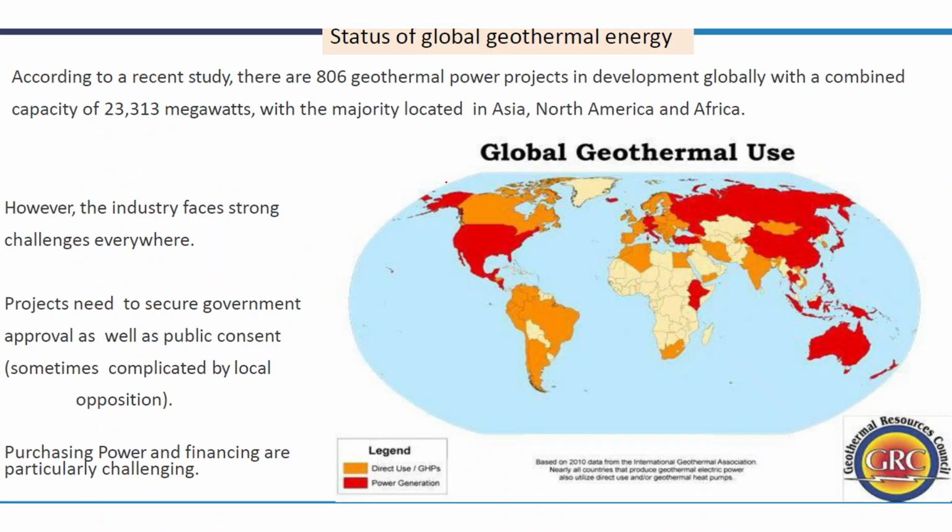Coming on to the global geothermal status, we can see here the orange one is direct use and power generation is the red one. We can see that mostly in India the direct use method is there.